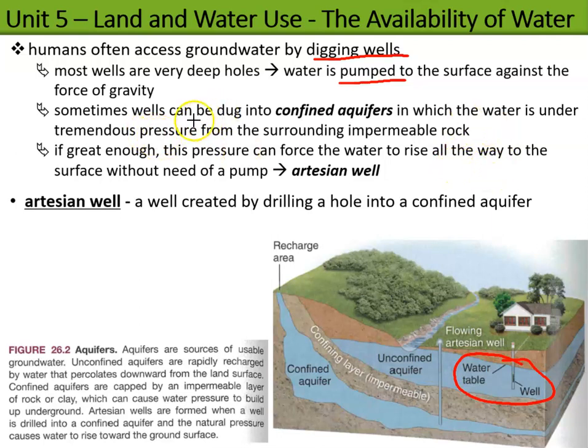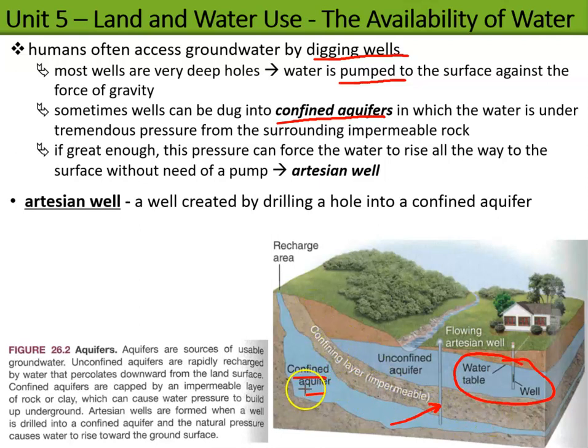Now, sometimes, however, wells can be dug into confined aquifers, and that is what is shown right here. Someone has dug a well, passed through the unconfined aquifer in this example, gone through this impermeable layer of rock, and accessed the confined aquifer. And when that happens, oftentimes water that is in confined aquifers is under tremendous pressure because of the overlying impermeable layer of rock.